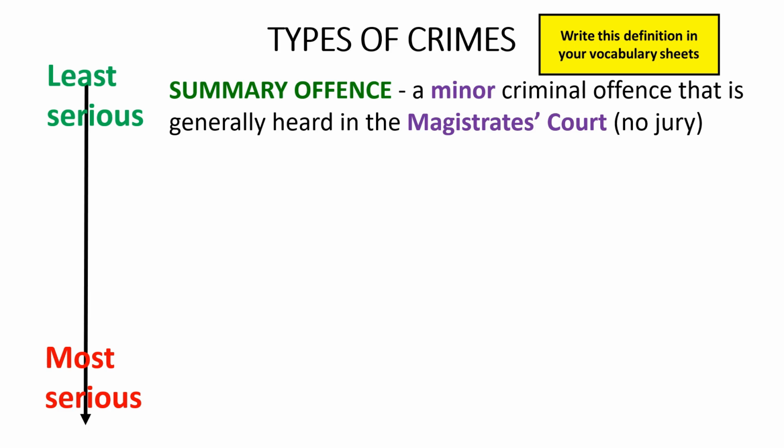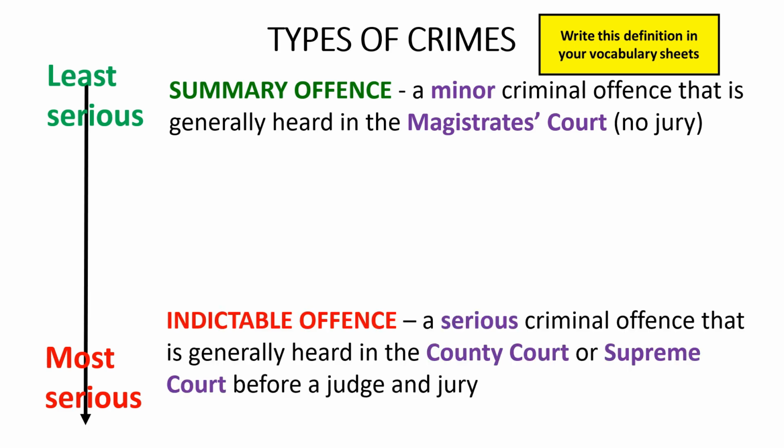In contrast to summary offences, indictable offences, which is spelt indictable offences, but is pronounced indictable offences, are more serious kinds of criminal offences. An indictable offence is a serious criminal offence that is generally heard in the county court or Supreme Court before a judge and jury.